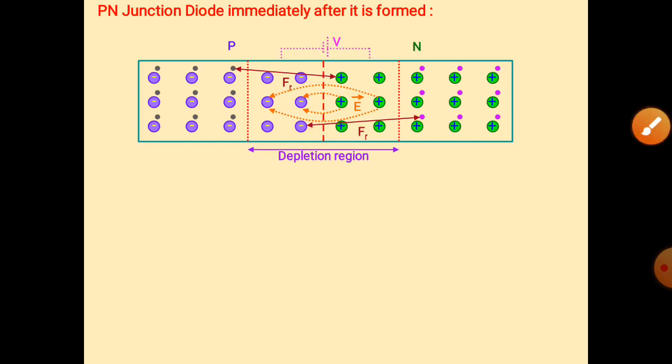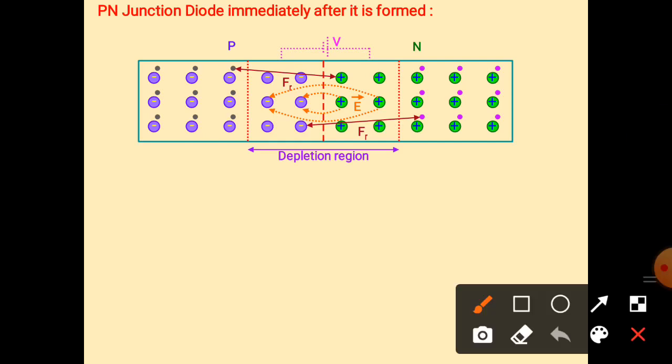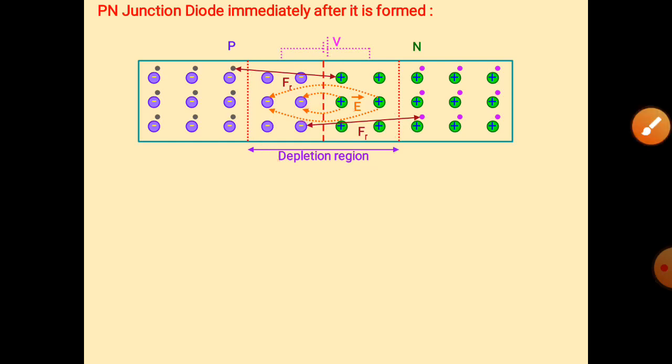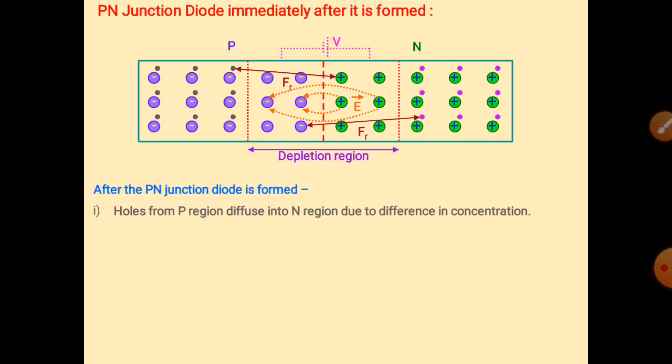Like this we form an electric field, and the electric field is always from positive to negative charge. So we have an electric field inside this region in the left hand side direction, right? So the PN junction diode is formed.